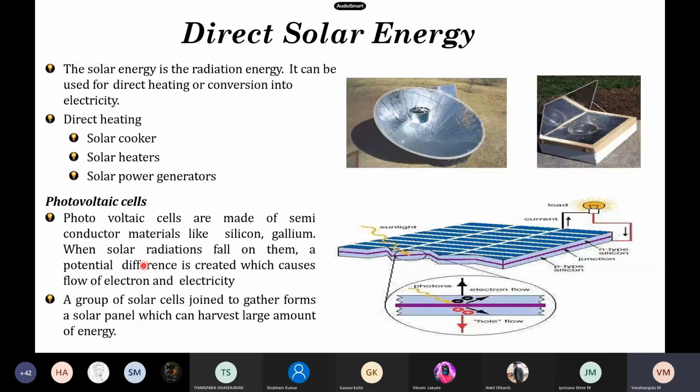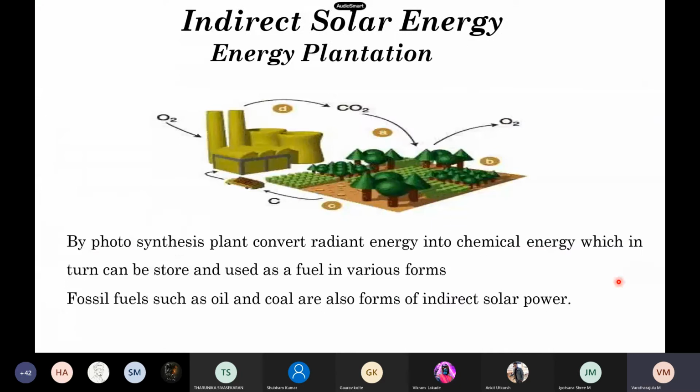And see here, the indirect solar energy, plantation. The photosynthesis plant converts radiant energy into chemical energy, which in turn can be stored and used as a fuel in various forms. The fossil fuels such as oil and coal are also forms of indirect solar power.